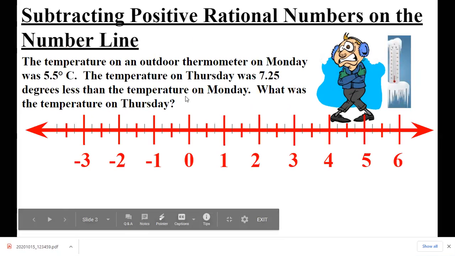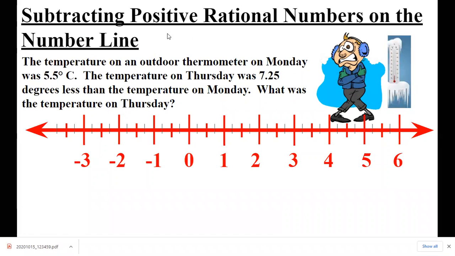So here we have a number line. It looks a little more complicated than the other ones we've seen, but it really isn't. This is quarters, right? This is going to be 0.25, 0.5, 0.75, 1, 1.25, 1.5, 1.75, 2, 2.25, 2.5, 2.75, 3.